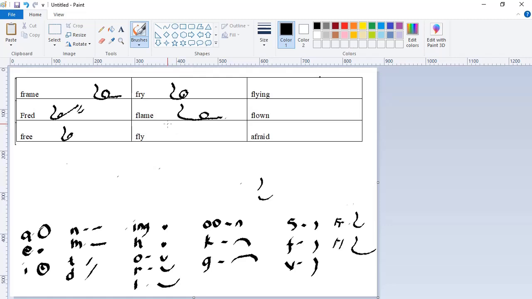Next, we have fly. We have F-L-I. Fly. And then we have flying. We have F-L-I, and then your I-N-G. Okay. Next, we have flown.